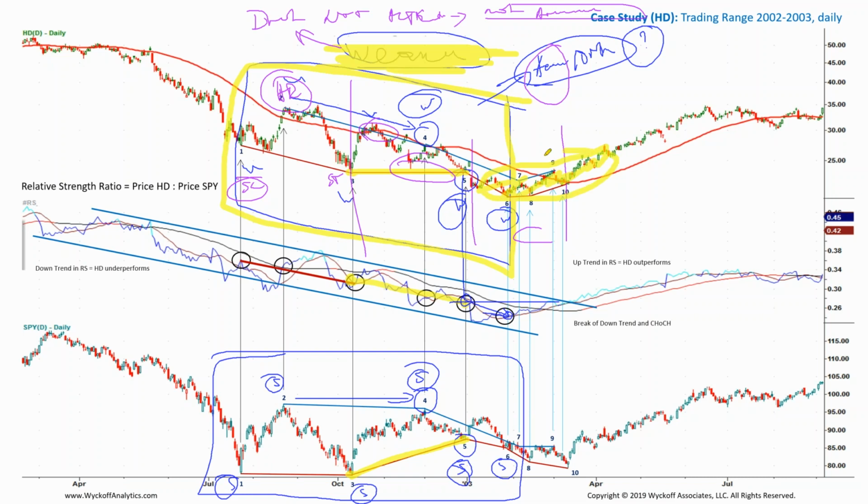So let's say somewhere here is where we're going to locally see institutional buying. When we go through all of these points, 7, 8, 9, and 10, we're going to see that the market is drifting down, and then the stock is starting to show some strength here.